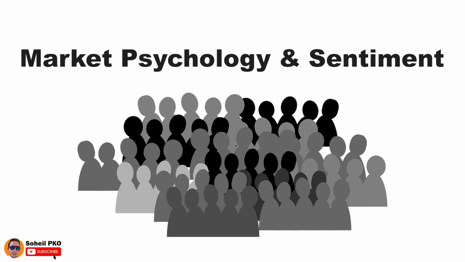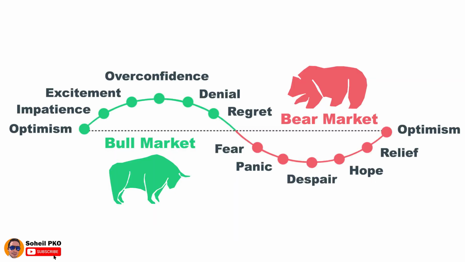One of the most important aspects of any financial market is market psychology and sentiment, because the market as a whole is related to the psychology of investors and their expectations. For example, on this graph, you can see how the emotions of investors play a role in each step of developing market cycles. A bull market starts with optimism, then impatience and excitement, and finally it's the overconfidence of market participants that forms the top of the market.